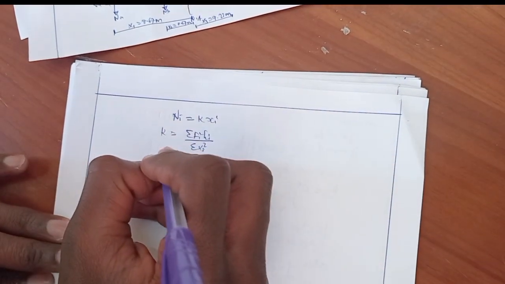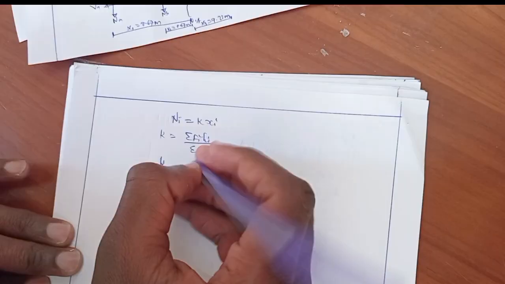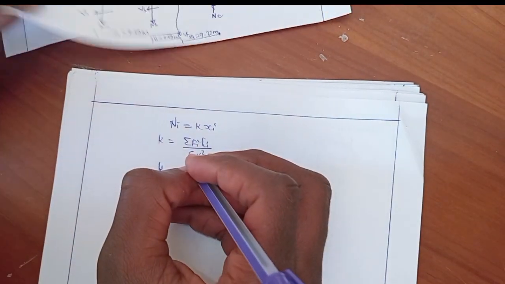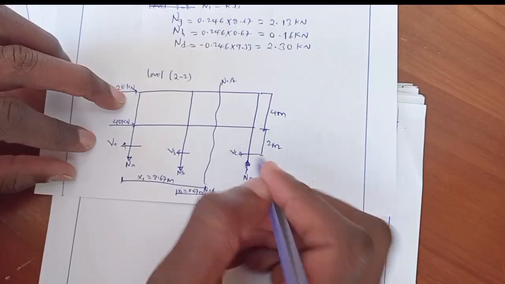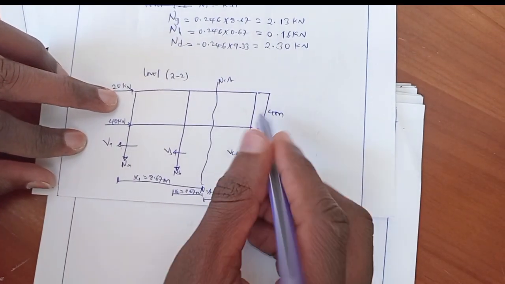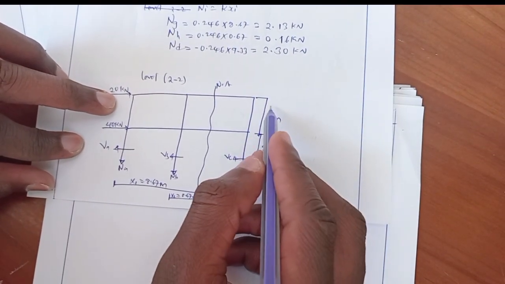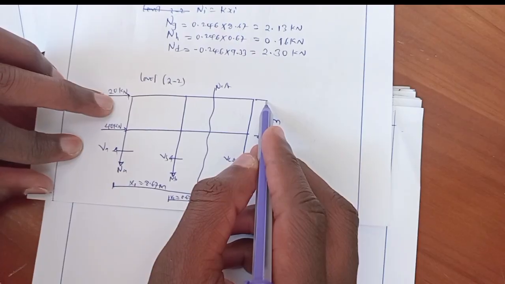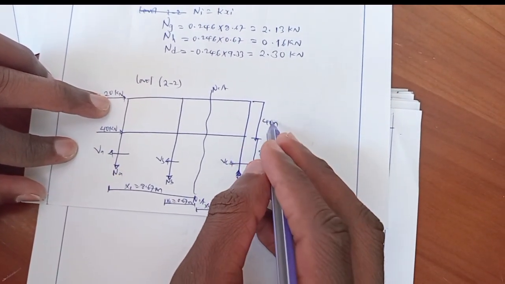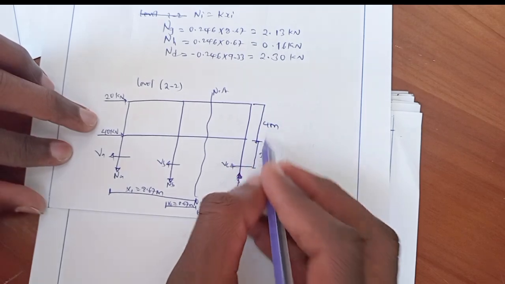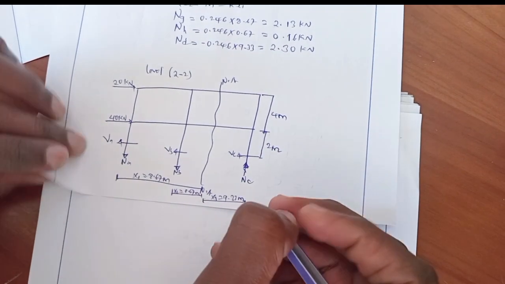Therefore, K2 will be force 1 times its distance up to the centroid, which will be 4 plus 2, 6 meter.